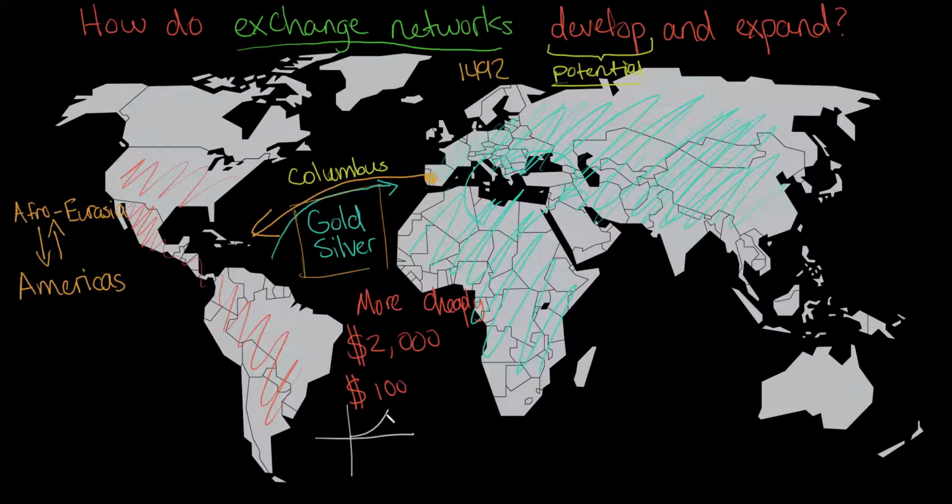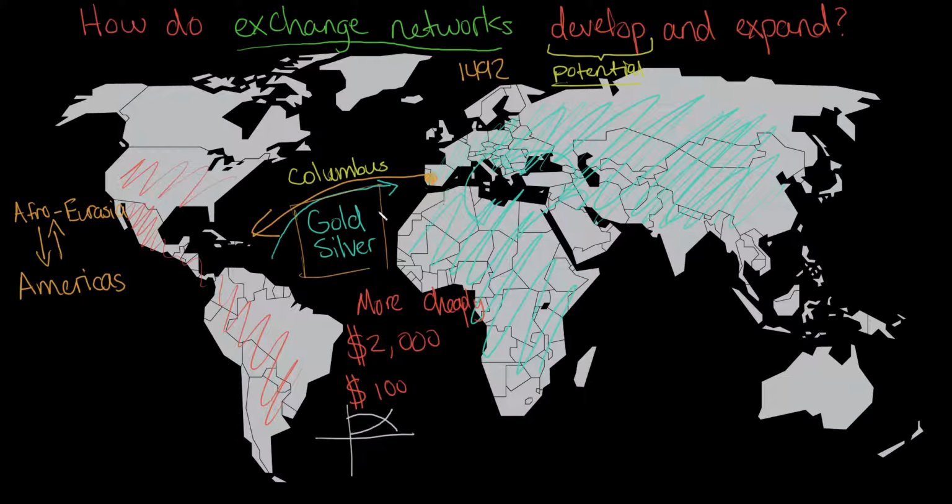As the product becomes less expensive, the demand goes up inversely to that. So when more Europeans want a product, say silver, because it's getting cheaper, well, more infrastructure is created and more silver is sent back.